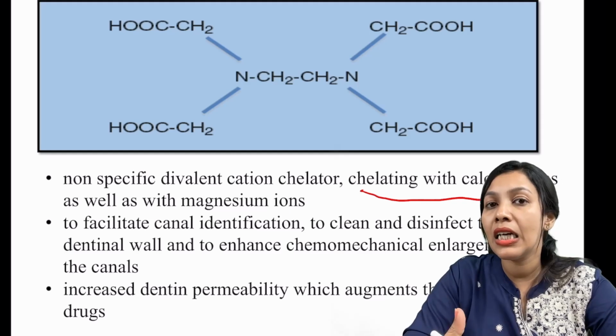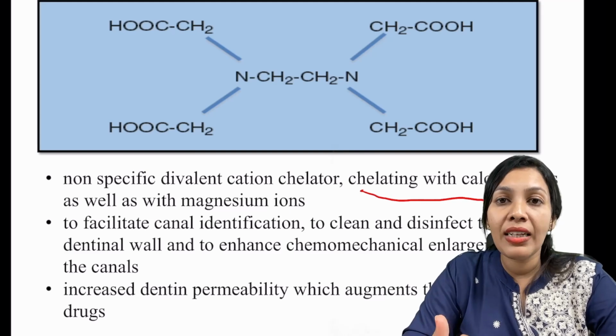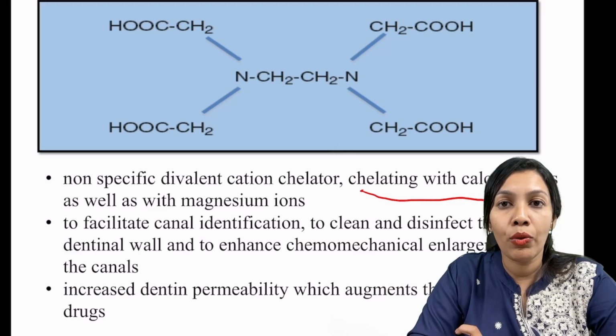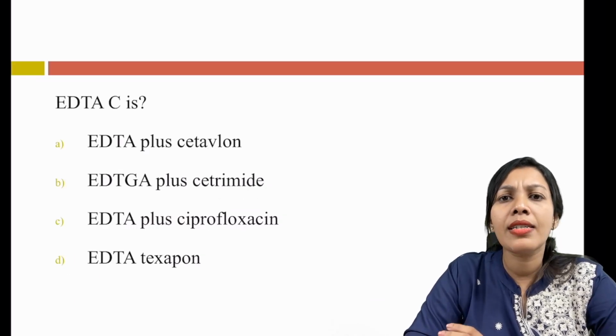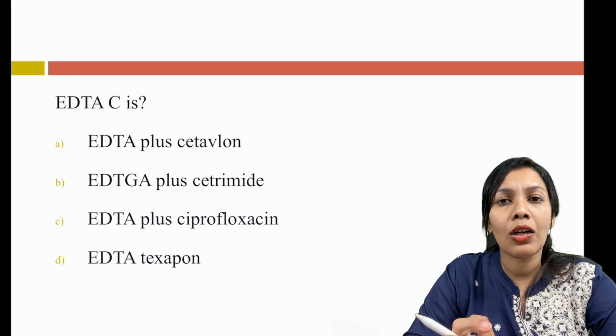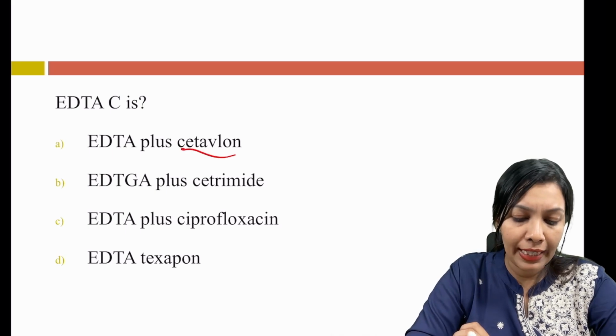As I said earlier, dentine acts as a substrate for the microorganism. So when this dentine is also removed bit by bit, the microorganism also gets removed along with that. What is EDTAC? This was one of the questions that was asked 2 years back. So as I said earlier, EDTAC is a combination of EDTA and, very important, cetavlon, right?